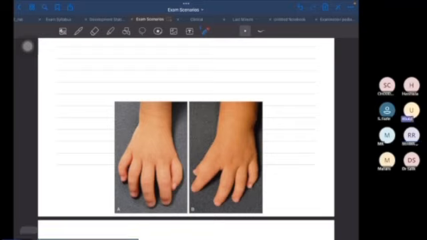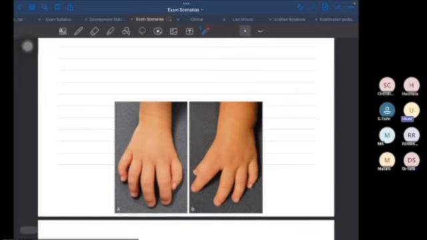Okay, perfect, excellent. Now I'm going to have a look at your ears and your eyes, and look around for any signs of dysmorphism, any small jaw or depressed nasal bridge, low set ears. There are no abnormalities there.